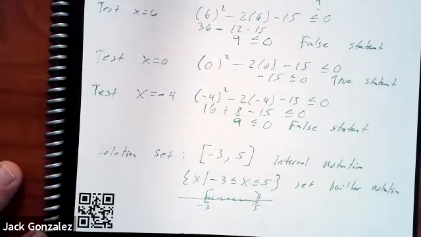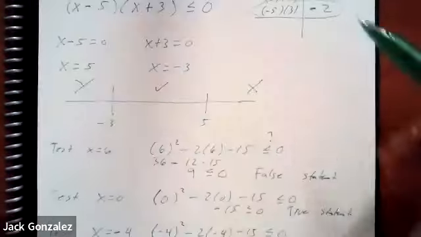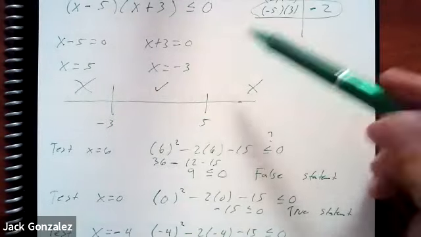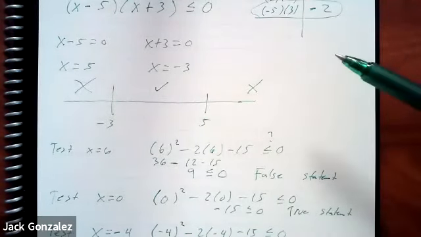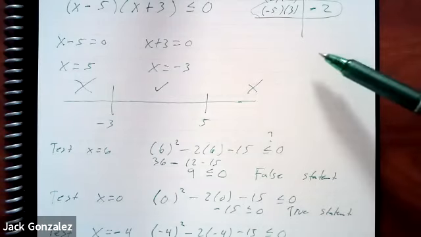Why is it that we were testing these other numbers when we already know that you can only go between -3 and 5? Because it could have been possible that something worked out here, so you would have included everything after 5 as well. So you had to check.